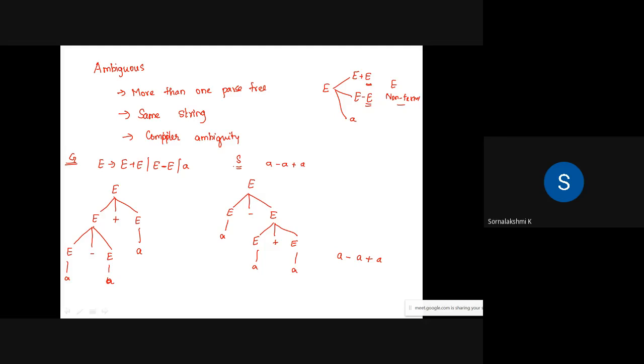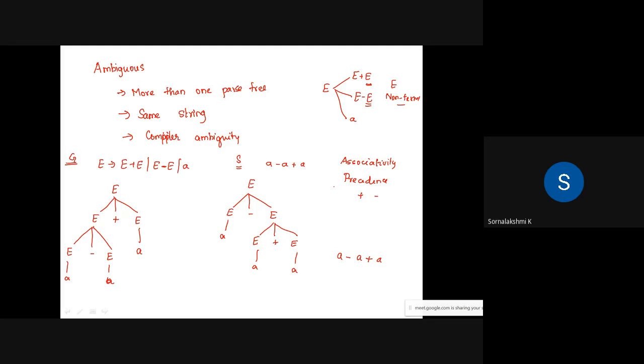In fact, do you know associativity and precedence of operators in expressions? We might have studied the concept of associativity and precedence. Now, do plus and minus have the same precedence or different precedence?